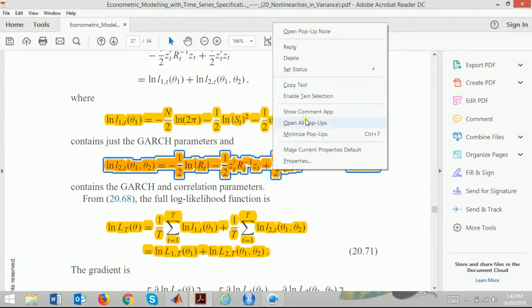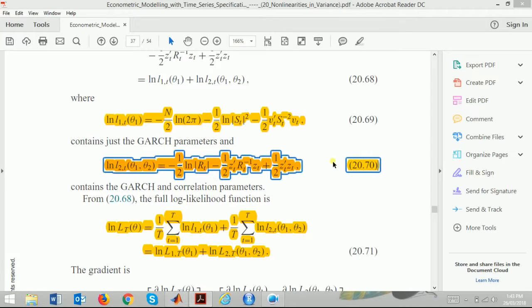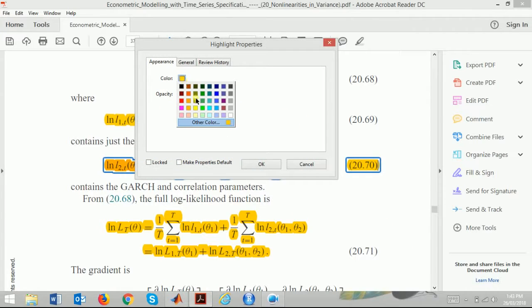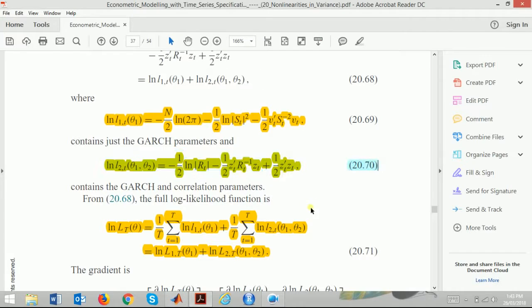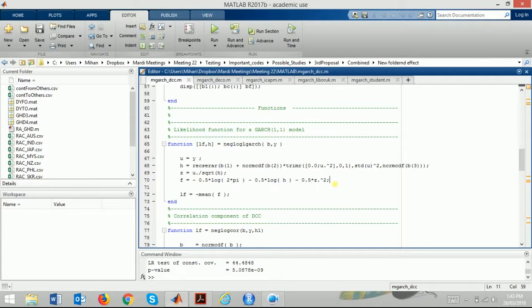Let's change the color. This is the equation. Oh, I can't see anything from here. And let's see.